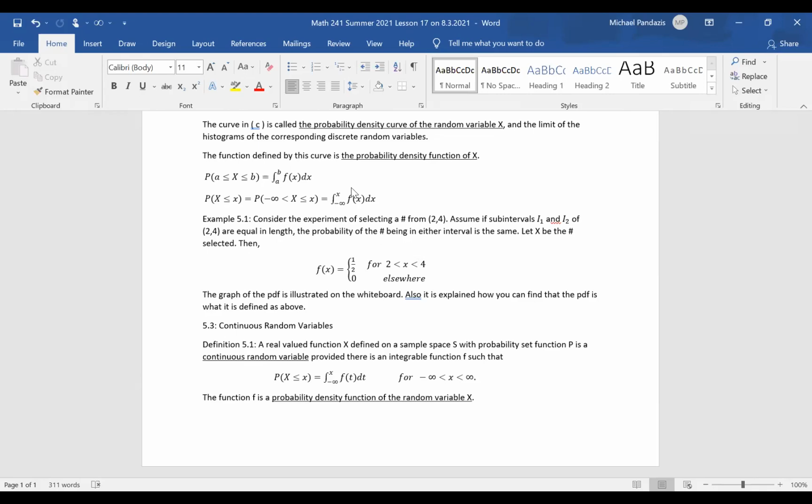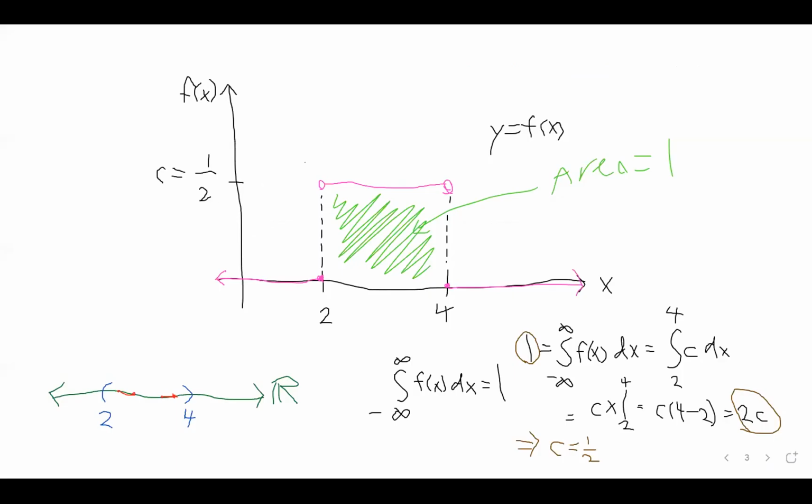Right, so your capital X, which is your random variable. You've already done this before, so it's not that interesting. So this is your random variable, right?